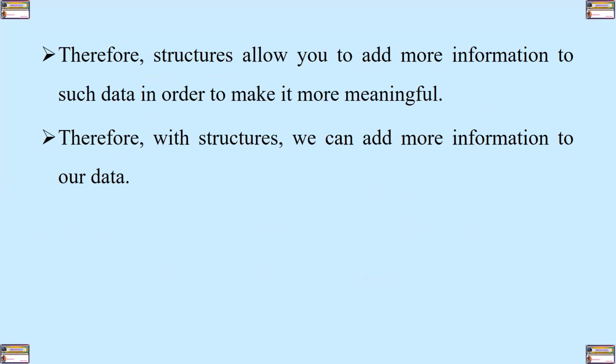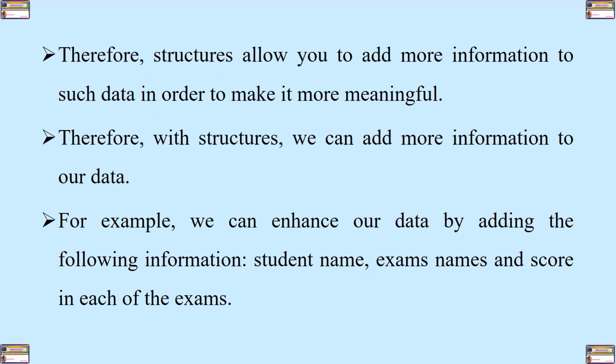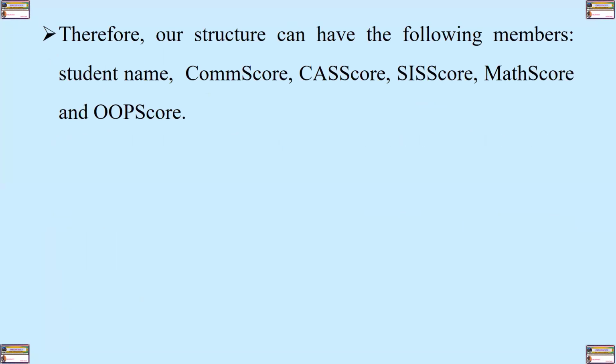With structures, we can add more information to our data. For example, we can enhance our data by adding the following information: student name, exam names, and the scores in each of the exams. For this reason, our structure can have some of the following members.